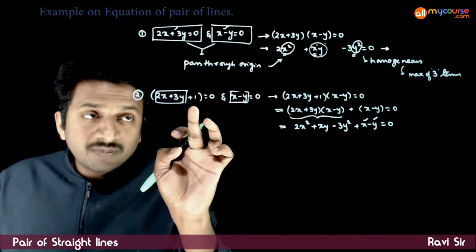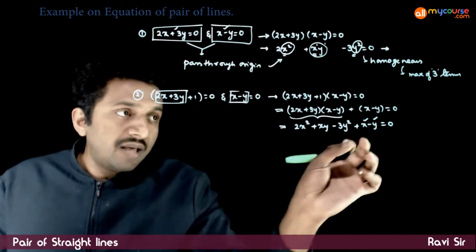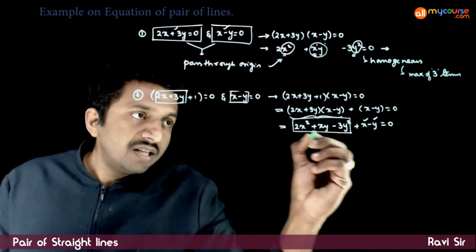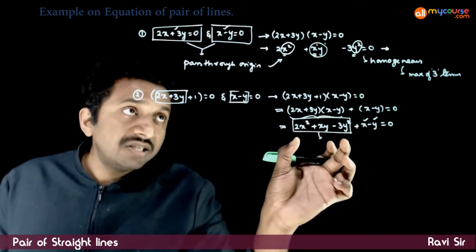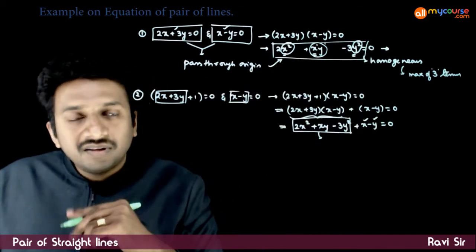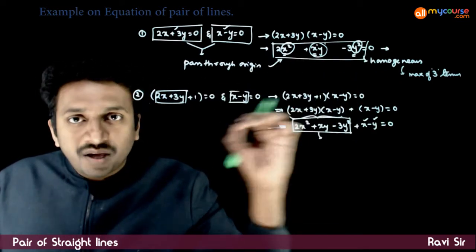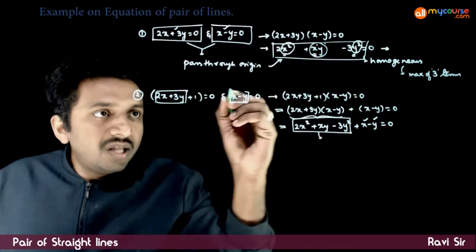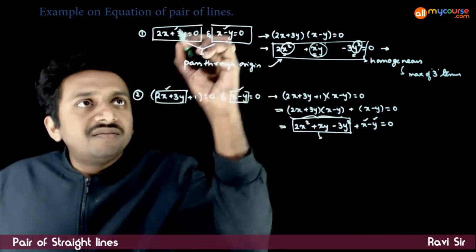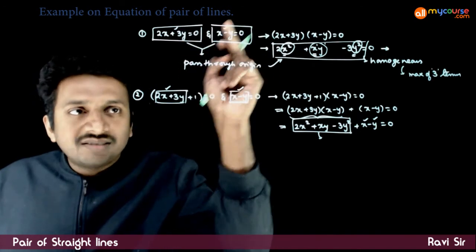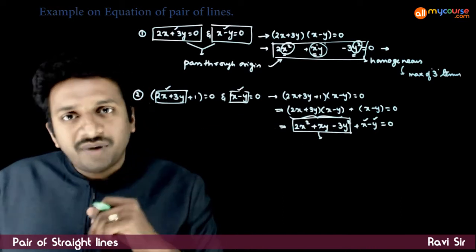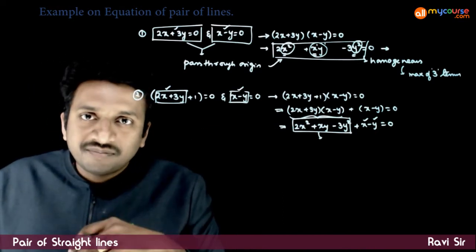You can very clearly see that the quadratic expression is exactly same as the earlier expression. That is, the quadratic part of the pair of lines depends only on the linear part of the lines. If the linear part of both the lines is same, then the quadratic part of the pair of lines also remains same.